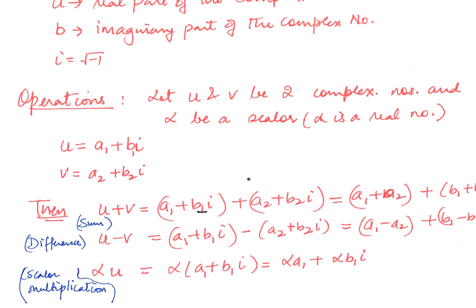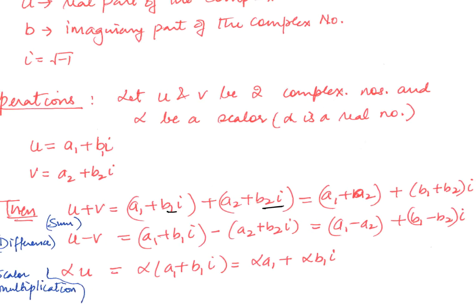So b1i and b2i will be gathered together, and a1 and a2, which do not have the i, are gathered together. And u minus v, the difference of two complex numbers, is similarly done as we normally do: a1 plus b1i minus a2 plus b2i. So basically you gather the like terms, which is a1 minus a2 plus b1 minus b2 times i.